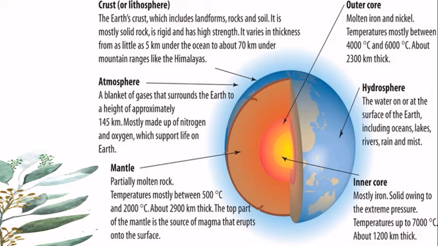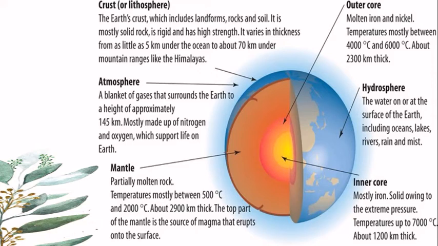Crust is sometimes termed as lithosphere, but actually the lithosphere is the crust and the upper mantle zone combined. The earth crust, which includes landforms, rocks and soil, is mostly solid rock, rigid and of high strength.